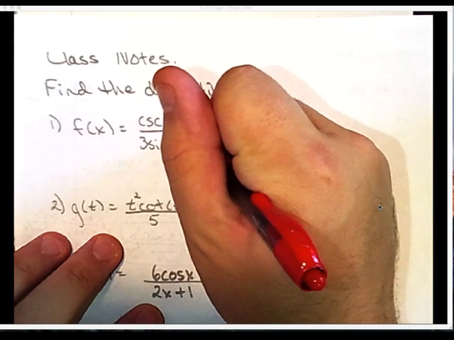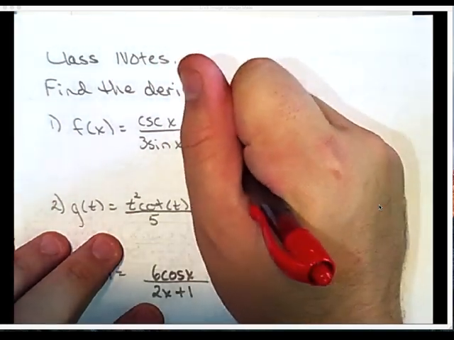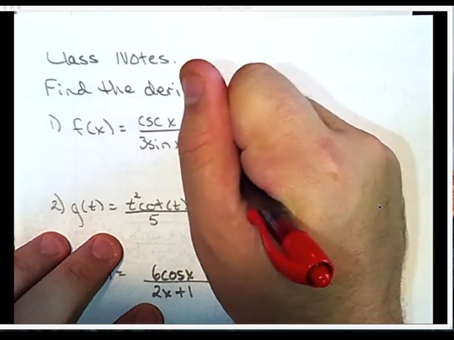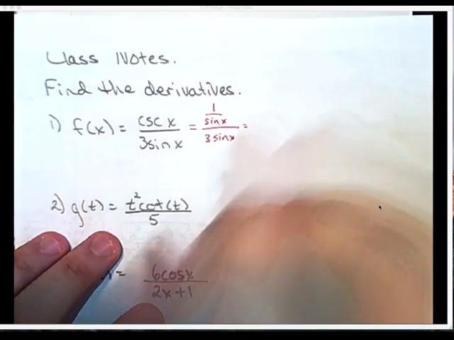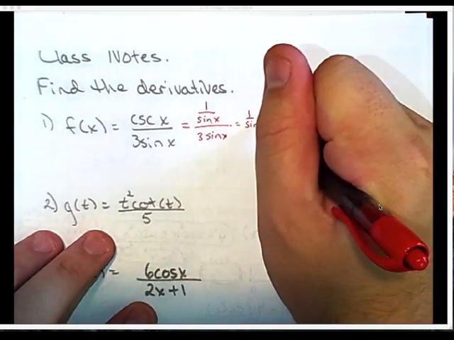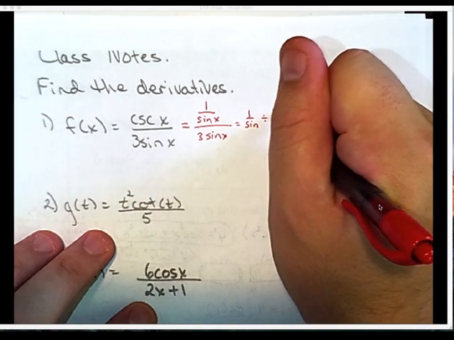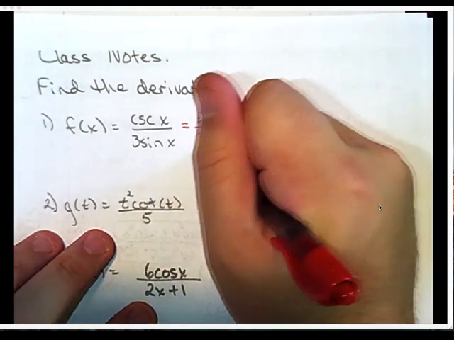However, you can rewrite f of x sometimes. Well, what's cosecant? It's 1 over the sine. I'm dividing that by 3 sine of x. Well, how do you do that? How do you do fraction division? That's like saying 1 over sine divided by 3 sine of x over 1.